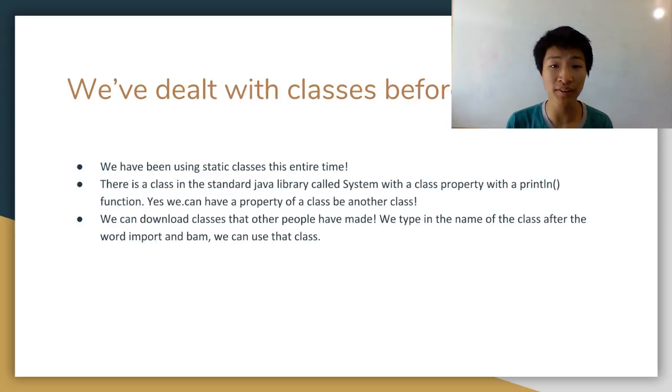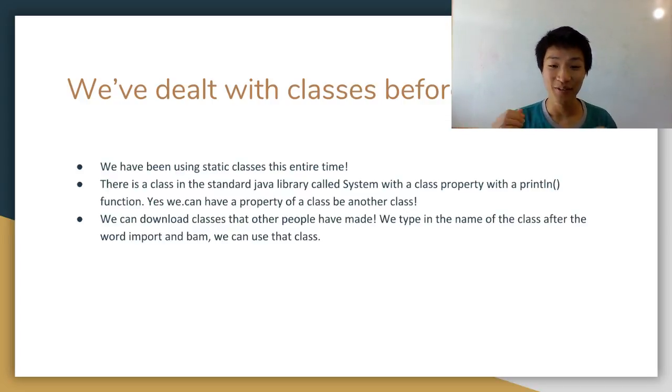When you download the Java development kit, which allows us to make Java code, the standard Java library is all the functions that it gives you already, the functions that you don't have to download. Now, lucky for us, because we're using codiva.io, it already downloaded the standard Java library for us. It downloaded the Java development kit, not onto our computer, but online, so we can use it.